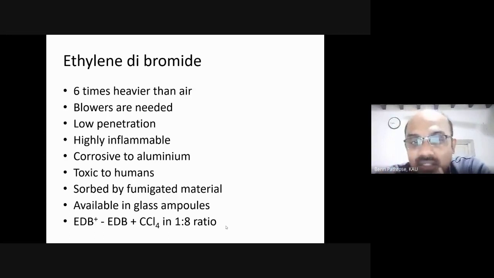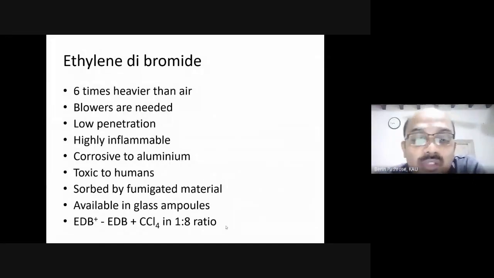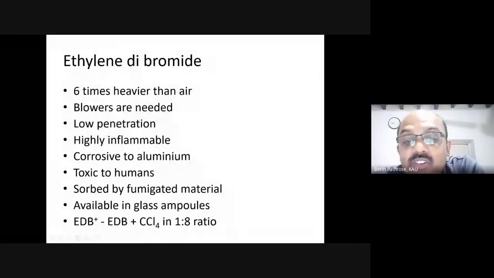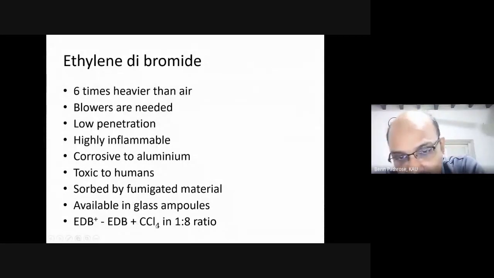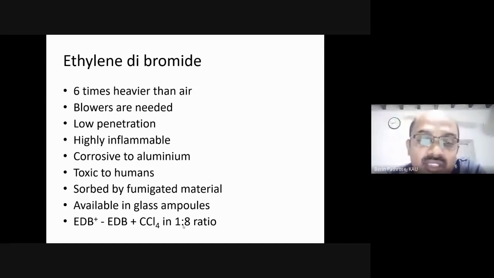It has very low penetrating power. It is highly inflammable, so because of its inflammability, we will mix it with carbon tetrachloride in 1:8 ratio. That means for 1 part ethylene dibromide, we add 8 parts carbon tetrachloride to reduce its inflammability.